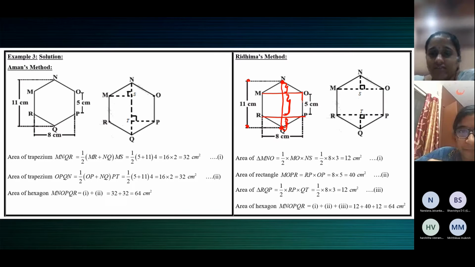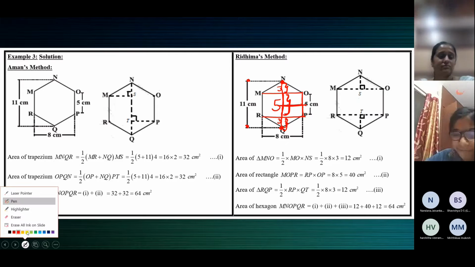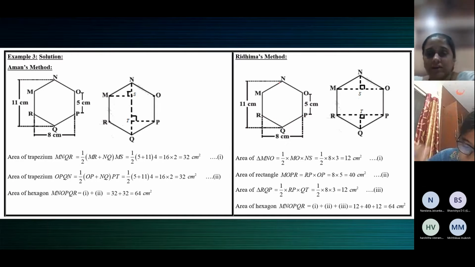Now clearly, if this is 5, this is also 5. So 11 minus 5 is 6. So it has to be 3 here and 3 here. Do it again. This full thing is 11 centimeters, divided into 3 portions.